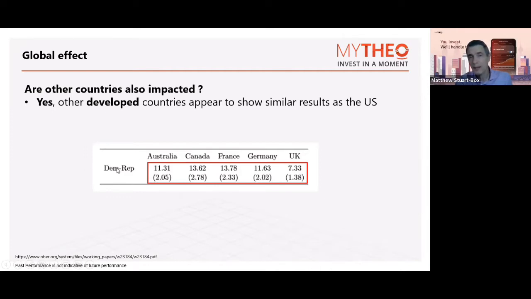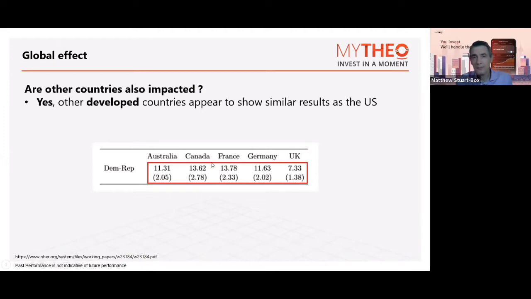What they've done is taken the average return during US Democrat presidencies and subtracted the average return during US Republican presidencies. For example, you can see here in Australia, the Australian stock market performs 11.31% more under Democrat presidents than under Republicans. And Canada is 13.6 and so on.